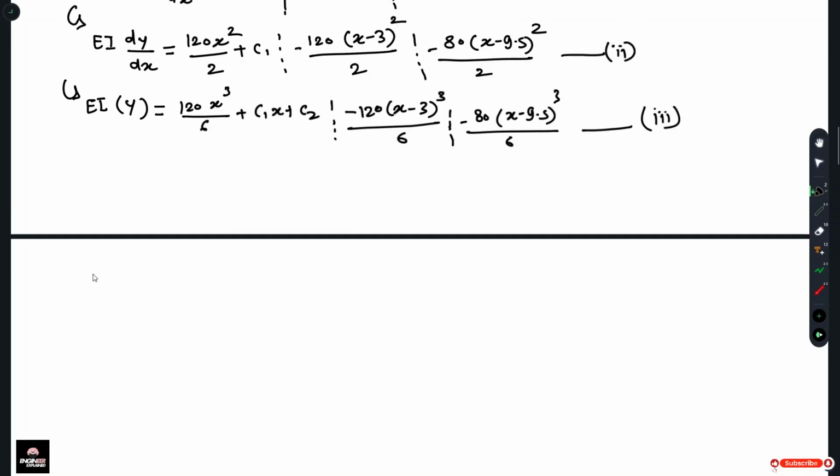When x is equal to 0 and y is equal to 0, put these in equation 3 and we get the value of C2 is equal to 0.